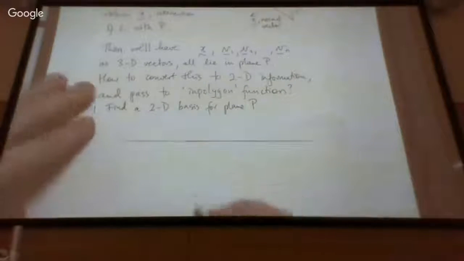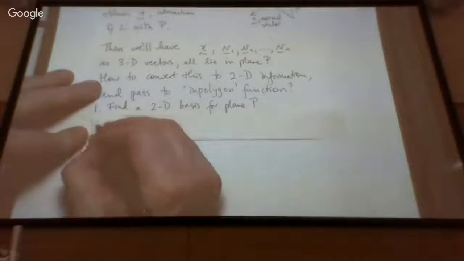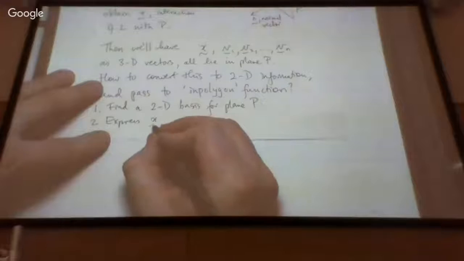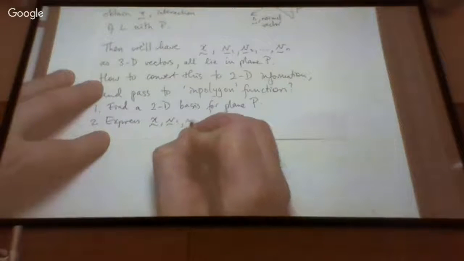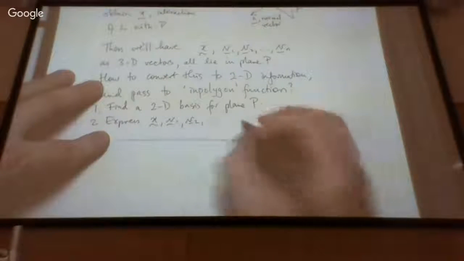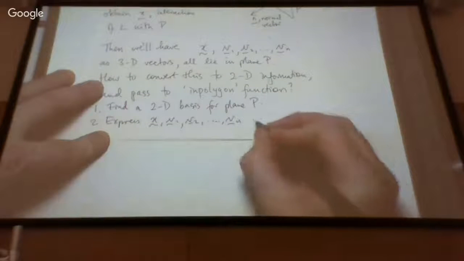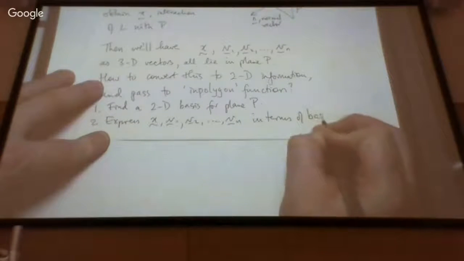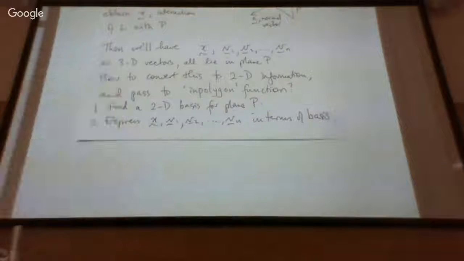So find a 2D basis for plane P and express x, v1, v2, etc., vn in terms of this basis. That will give us two-dimensional information, x and y information, which we can then pass to in polygon.